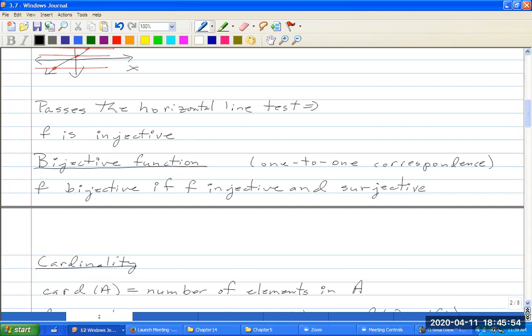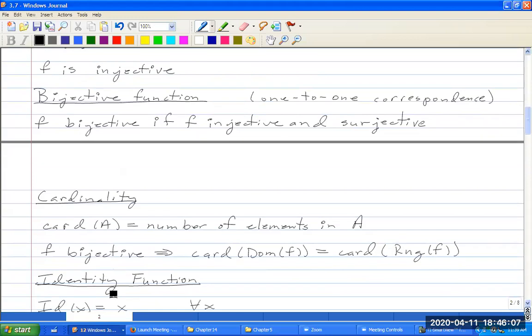Cardinality: the cardinality, denoted by CAR, of a set A is the number of elements in the set A. Note that if f is bijective, then the cardinality of the domain of f is the same as the cardinality of the range of f.